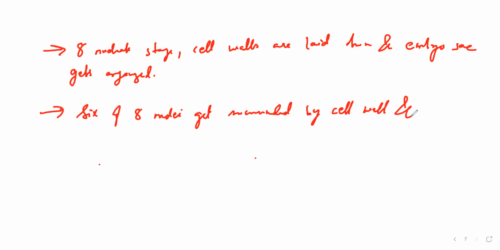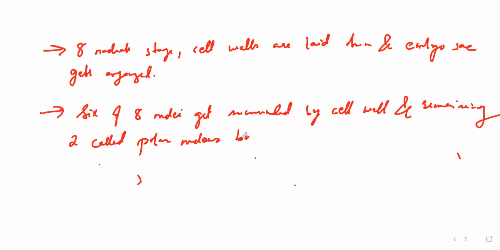And the remaining 2, because I told you only 6, so the remaining 2 are called the polar nuclei, and they will be present below the egg apparatus in the central cell. Central cell.